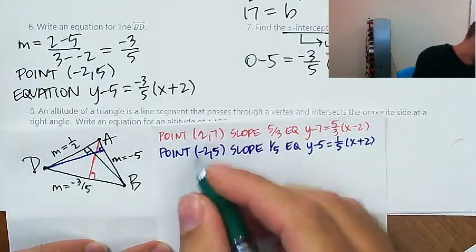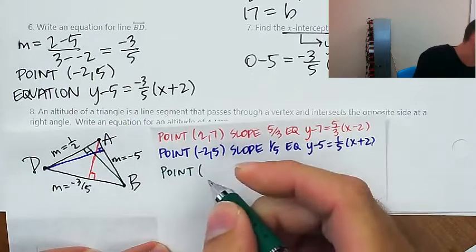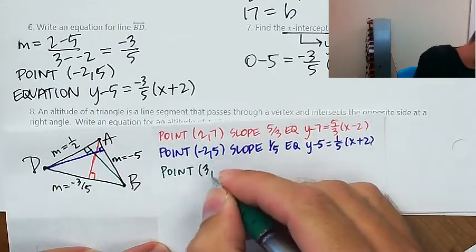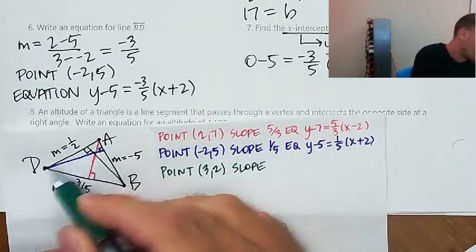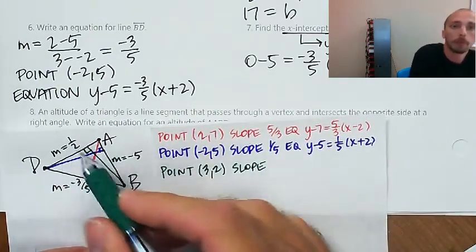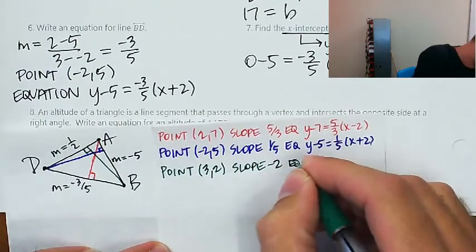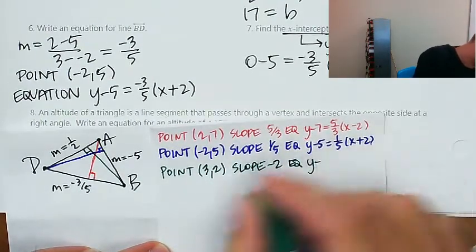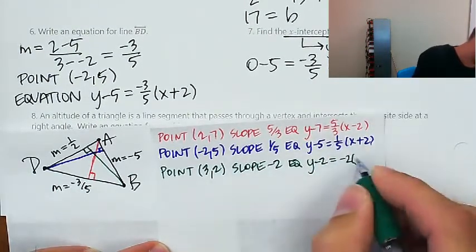Okay. Yeah. So this one's going to go through point B. So its point is 3 and 2. Okay, the slope needs to be perpendicular to 1/2, so that would be -2/1. And then the equation is going to be y minus the y coordinate equals the slope times x minus the x coordinate.